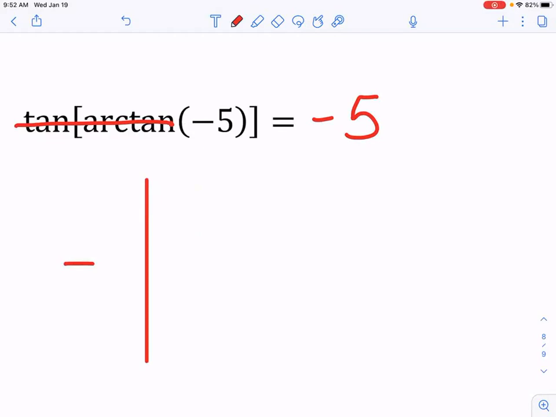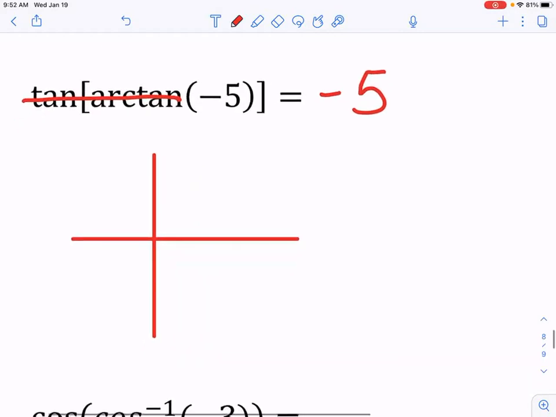So arctangent is talking about some angle theta. Since the arctangent is -5 inside, which quadrant would this theta be in? Has to be first or fourth. Okay, so it's the fourth. And our tangent ratio is -5/1.